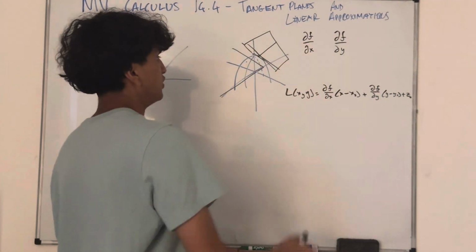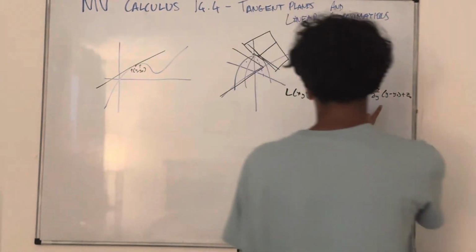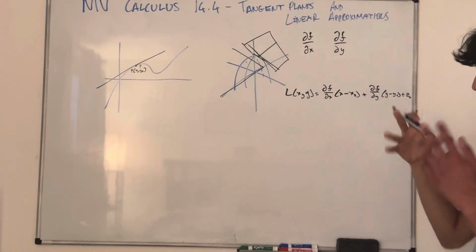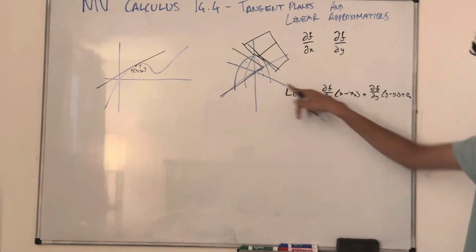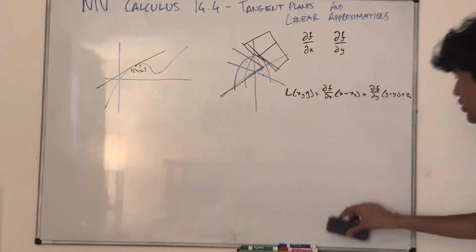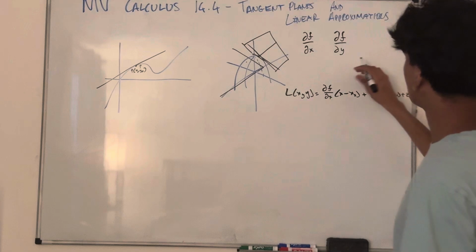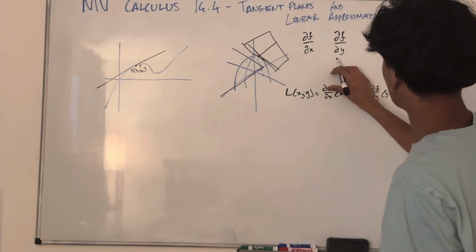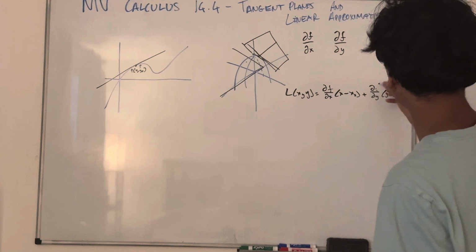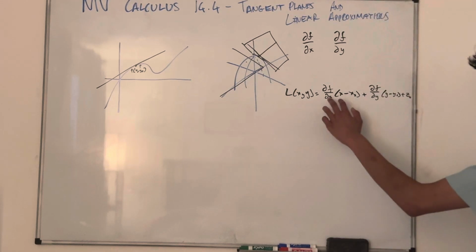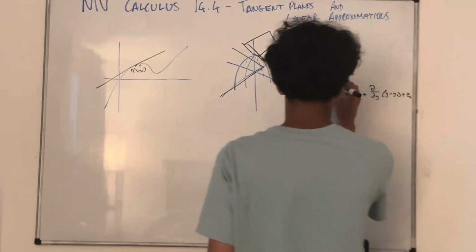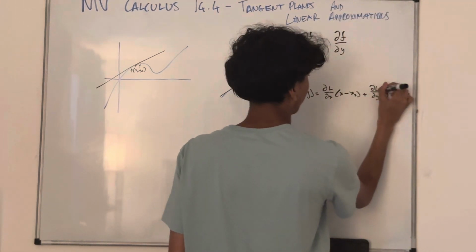The tangent lines to the curves of the cross sections give partial derivatives that end up being the same as the partial derivatives of the plane.